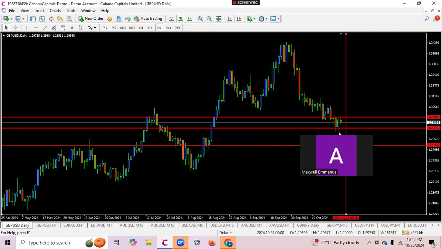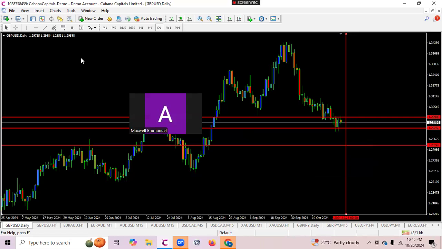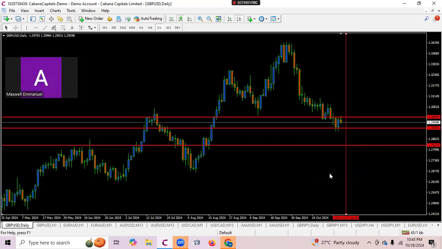So there's a high probability they would want to clear the liquidity residing at these previous lows before going bullish. Are you with me? So that's my expectation on GU next week.